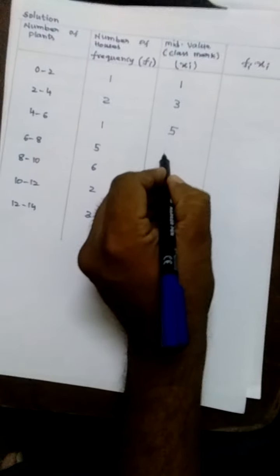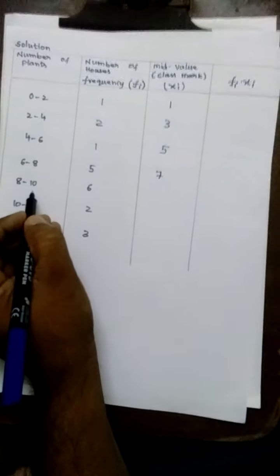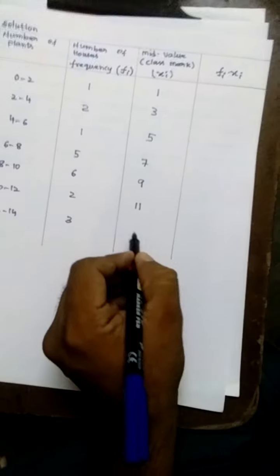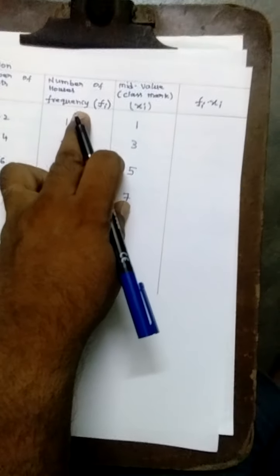Next 6 and 8. 6 plus 8 is 14, 14 by 2 is 7. 8 and 10. 8 plus 10, 18 by 2 is 9. 10 and 12. 22, 22 by 2 is 11. Next 12 and 14. 26, so we get 13. So now we have number of houses considered as frequency.